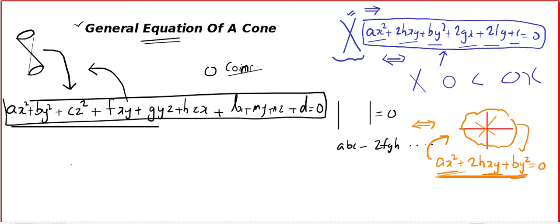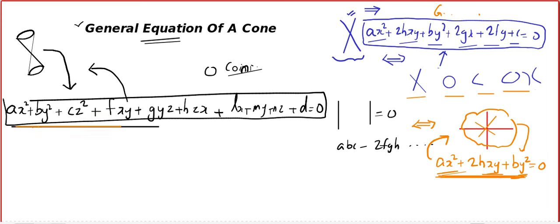Let me make it very clear once more. Long back, we learned about 2 different equations: the general second degree equation and the homogeneous second degree equation. The general second degree equation can represent any of the conics or a pair of lines. But a homogeneous second degree equation always represents a pair of lines passing through the origin.